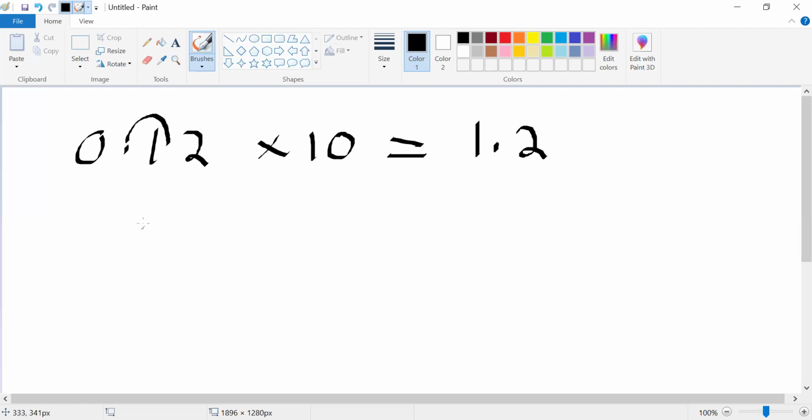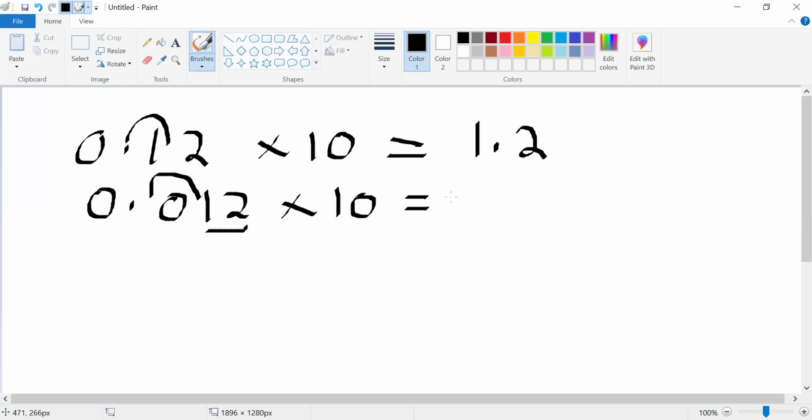If it is 0.012 into 10, 1 decimal can cancel 1 zero, so 2 decimals will remain. So it will become 0.12.